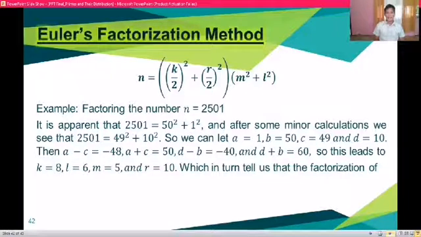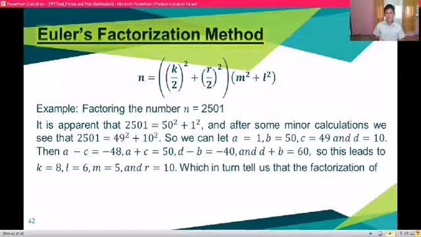So kanina, sinabi ko na, and then, in-explain na dito sa proof and definition ni Euler. Now, let K is equal to the GCD of A minus C and D minus B. So, ano yung values ng A minus C?